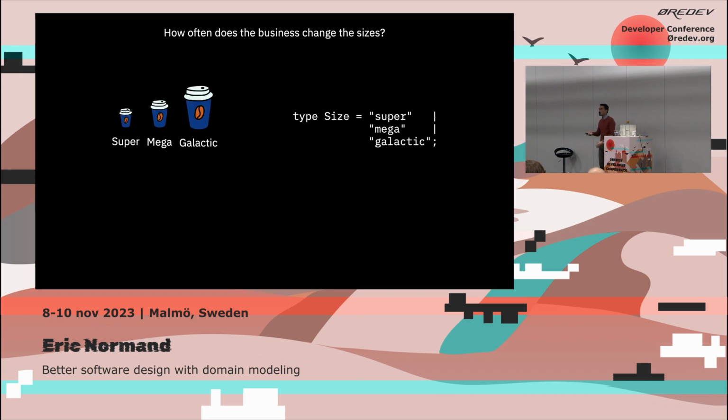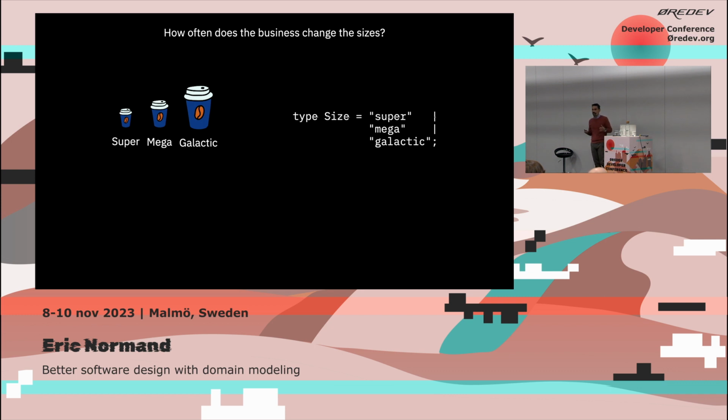Okay, but one thing we can do is go to the business people and say, how often does this size change? Am I going to have to be changing this code all the time? We can get more information about the domain, and in this case, the business users know. They've worked there a long time.